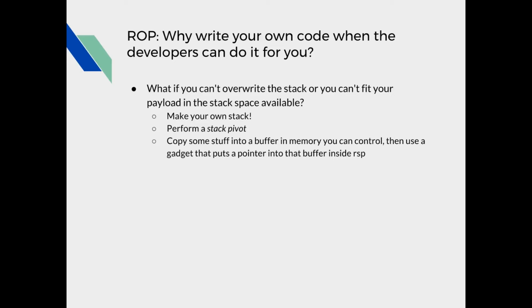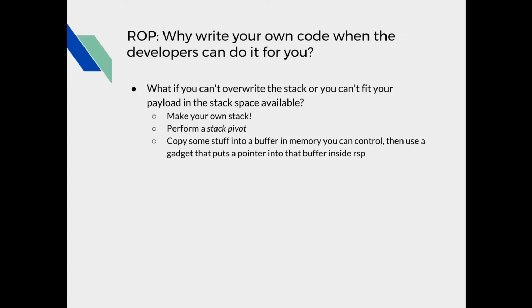And then one other thing. Sometimes you might not have control of the stack directly. Maybe you need to avoid screwing with a stack cookie or something. If you can execute one gadget, then you can try to get what's called a stack pivot.